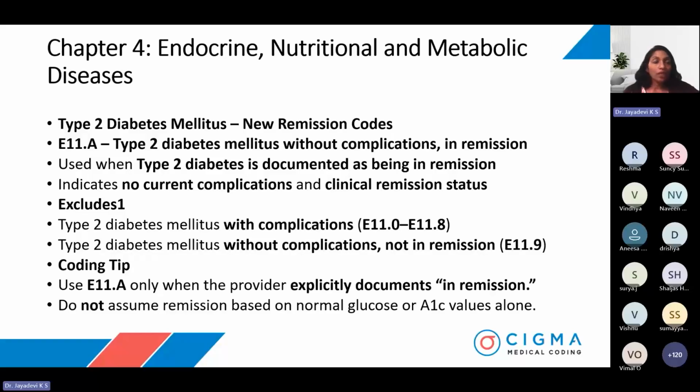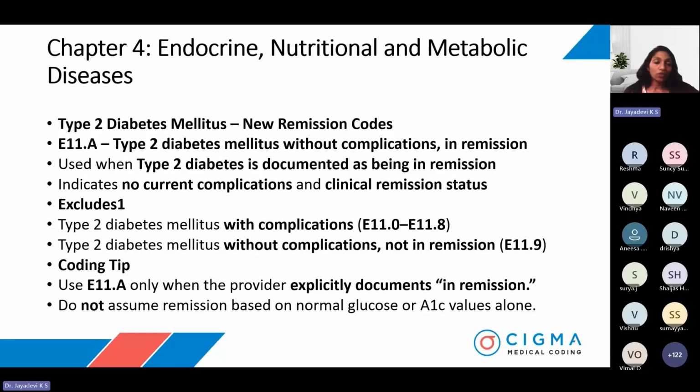E11.A, type 2 diabetes mellitus without complication in remission, is used when type 2 diabetes is documented as being in remission. It indicates no current complications or clinical remission status. This code cannot be given with type 2 diabetes mellitus, with or without complications.